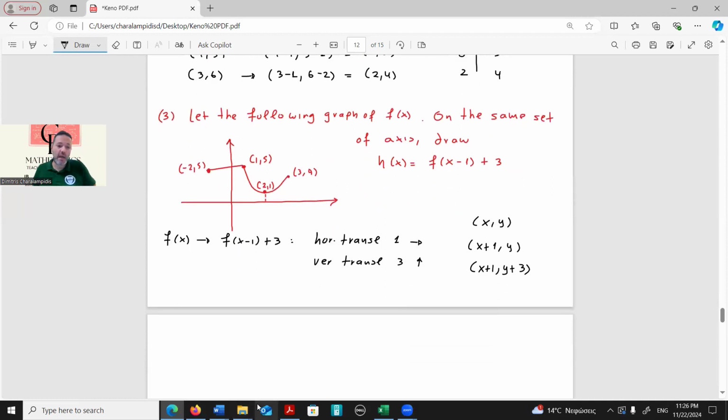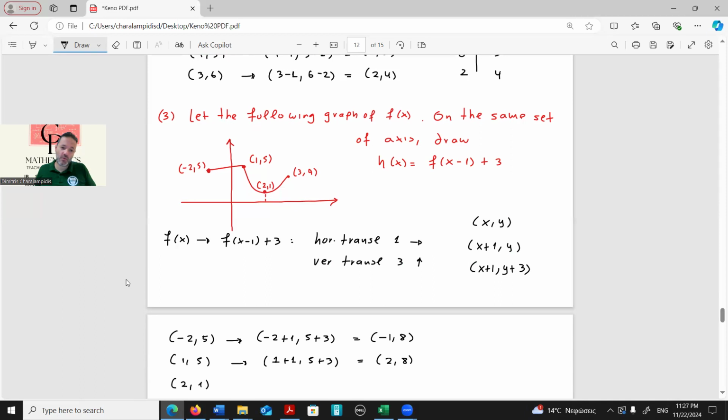So the minus 2, 5 will move at minus 2 plus 1, 5 plus 3, which is the minus 1, 8. The 1, 5 will move at 1 plus 1, 5 plus 3, which is 2, 8.